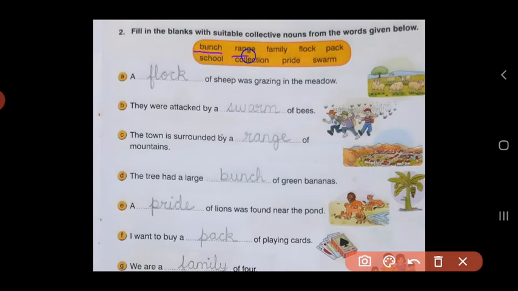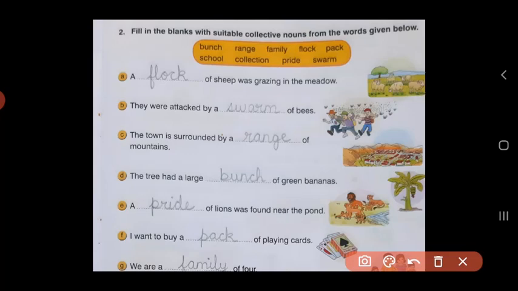Bunch, range, family, flock, pack, school, collection, pride and swarm. Now, looking at the pictures and reading the sentences, we will choose the right collective noun for each sentence.